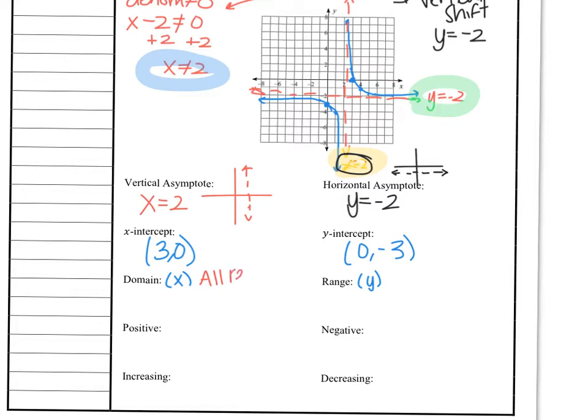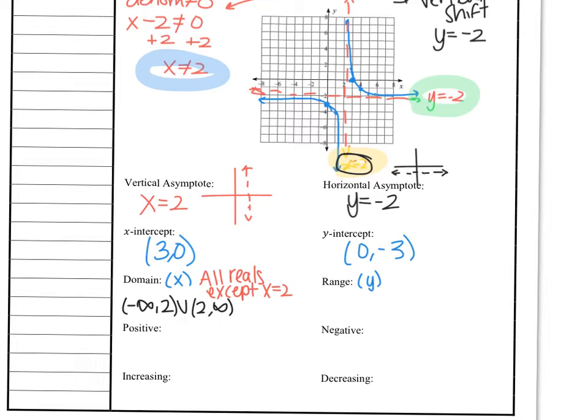All reals, we can be all real numbers except x equals 2. Okay, but now let's write that in interval notation. We can go from -infinity until 2, but not including 2, union 2 until infinity. So we can get really, really close to 2, but we can't include it.